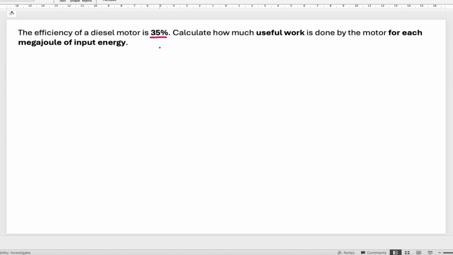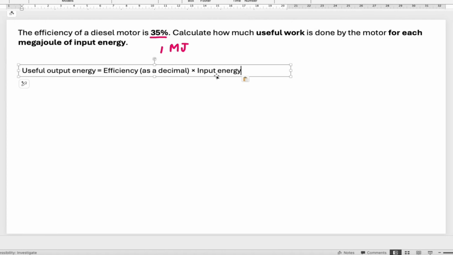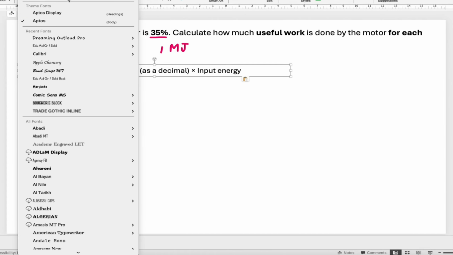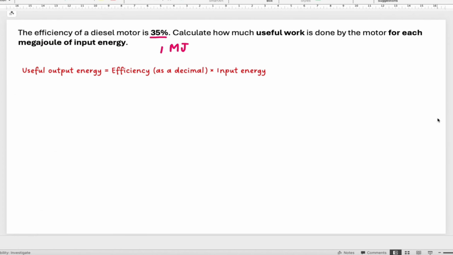First we write the relationship: useful output energy is equal to the efficiency as a decimal times the input energy. So we are just rearranging the efficiency formula in this case.